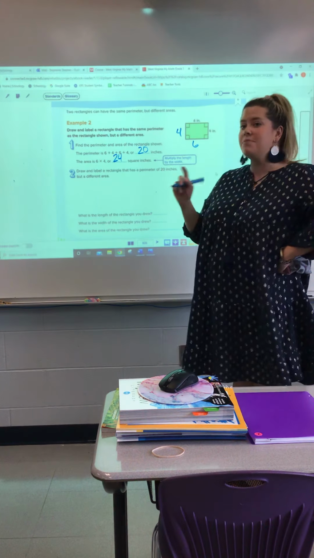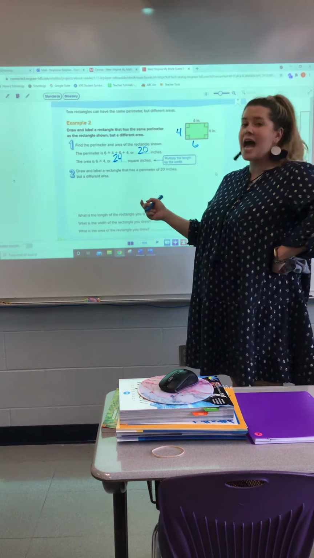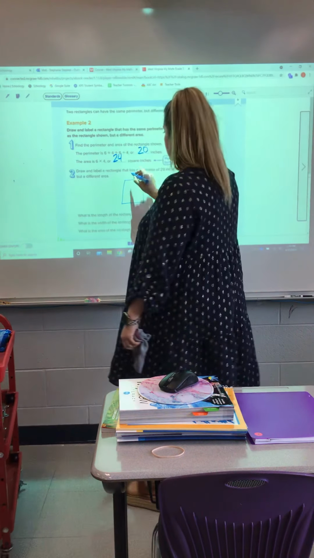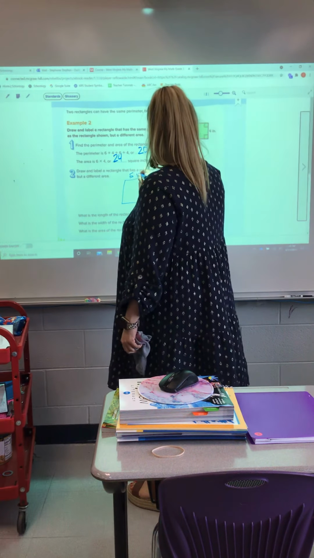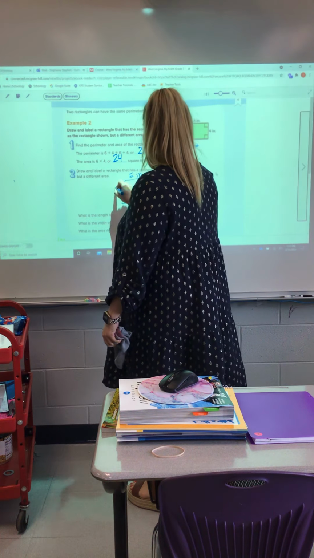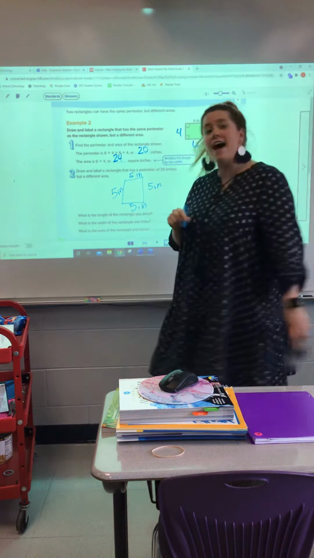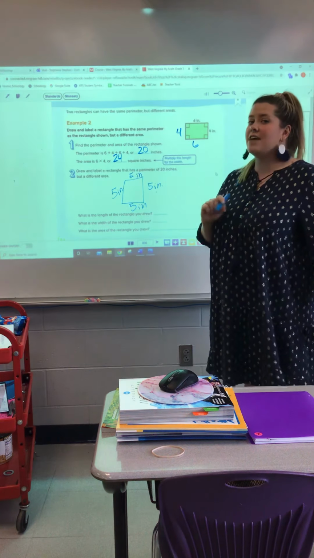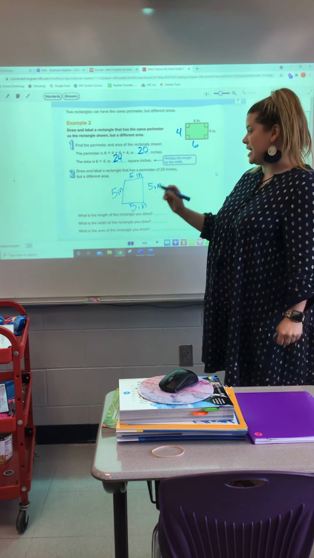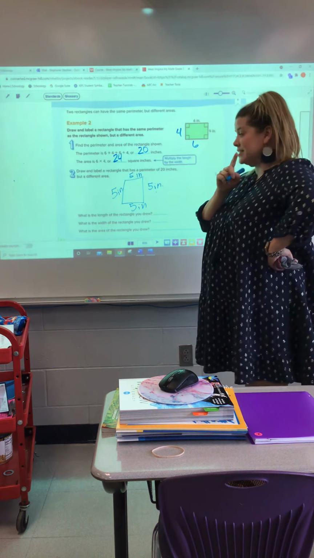That means I need my 4 sides to add up to 20. So I'm going to draw a square that has all 4 sides as 5 inches. Let's count and see if that adds to 20. 5, 10, 15, 20. That's a good sign.